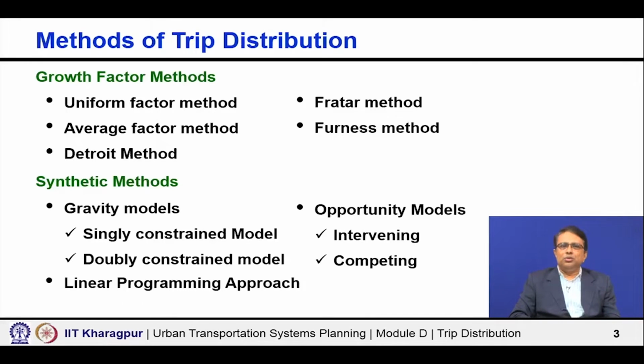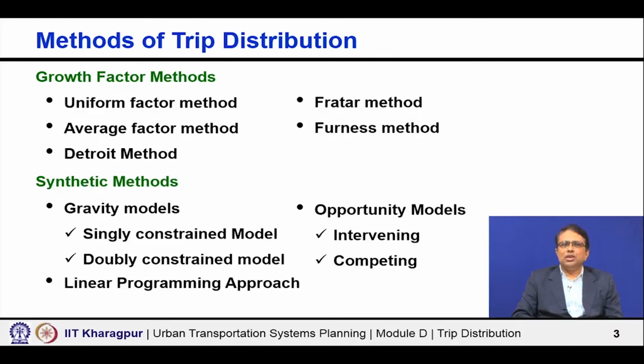With this background, today let us discuss various methods of trip distribution. In this slide, you can see so many methods or models mentioned here. Actually, all the methods or models can be classified into two broad groups.